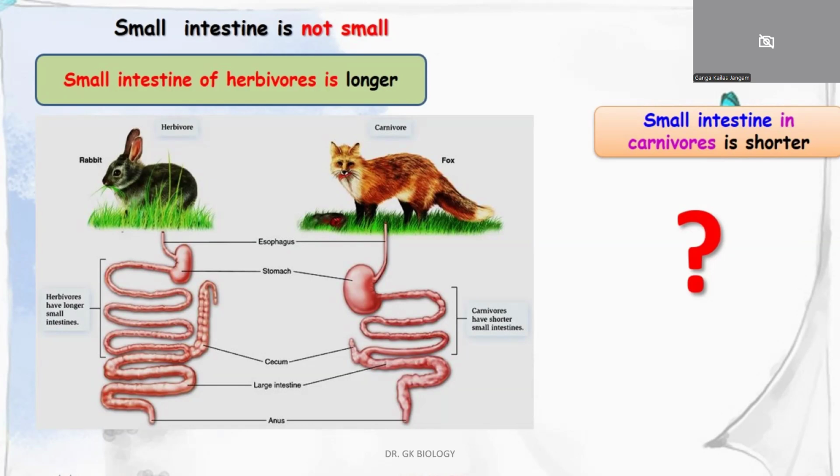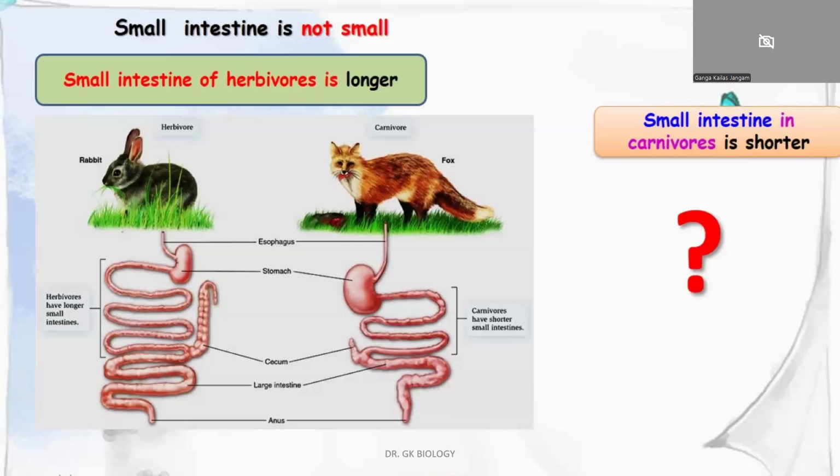The grass consists of cellulose, which takes a longer time to digest and break down.